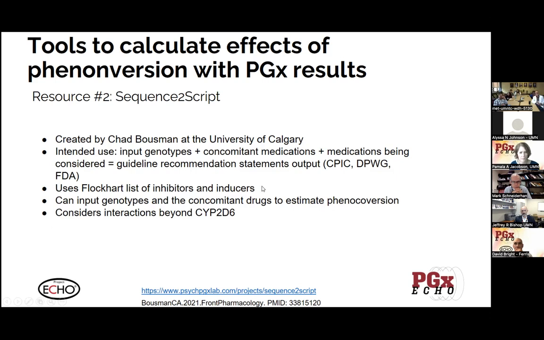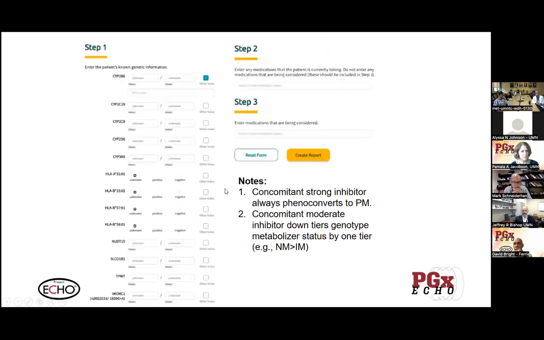As it relates to our conversation on phenoconversion, it'll give you the genotype-based metabolizer categories as well as the phenoconverted categories for the drugs and genes that you enter. It considers interactions beyond CYP2D6, which makes it a little different from the Florida calculator.